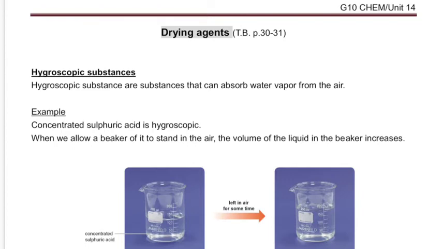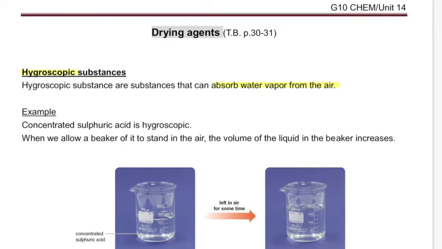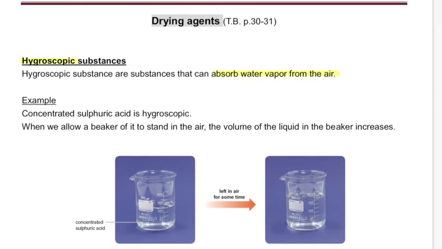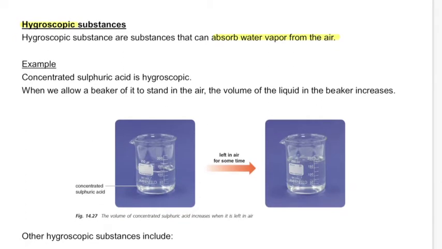Okay, so the first term you need to learn is hygroscopic. For a hygroscopic substance, it means it can absorb water vapor from the air. Here we have an example, concentrated sulfuric acid.